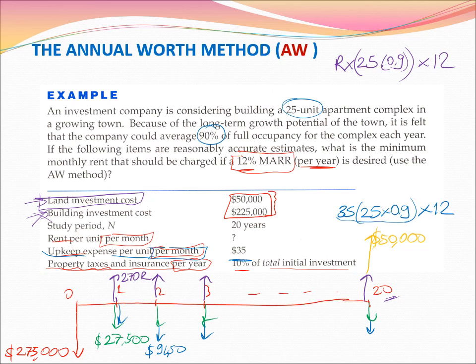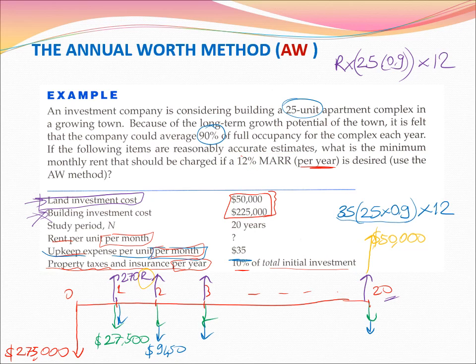Now from this cash flow, what do we want? We want to find R so that we obtain more than 12% rate of return. And how can we find it? What is the idea here?